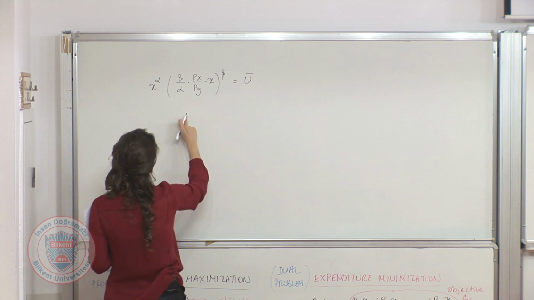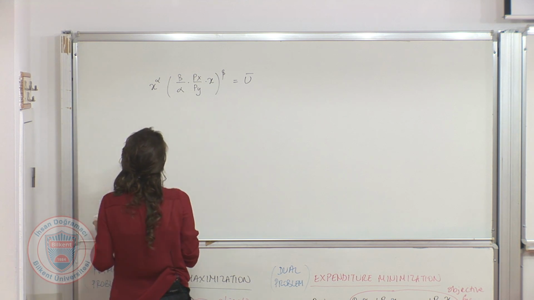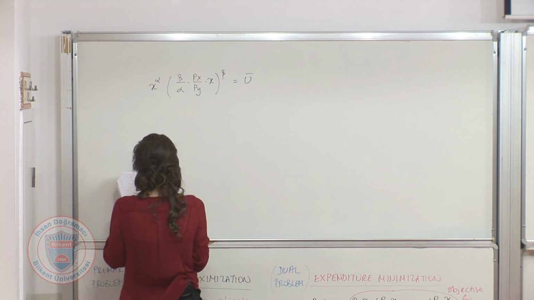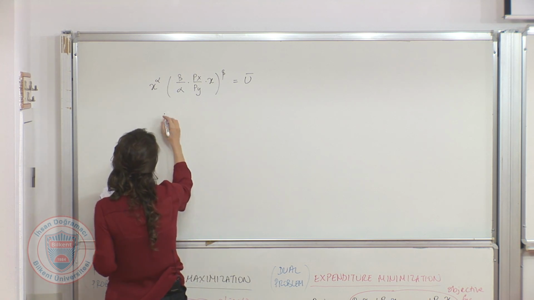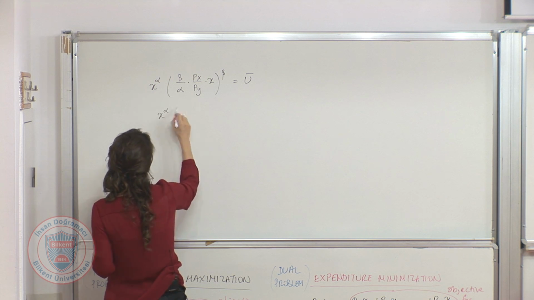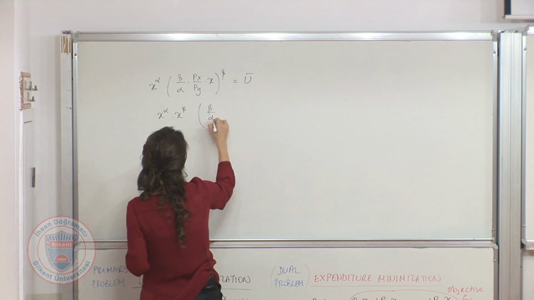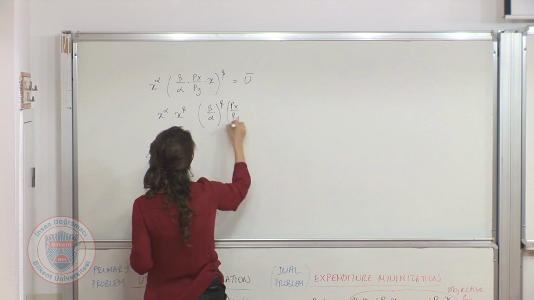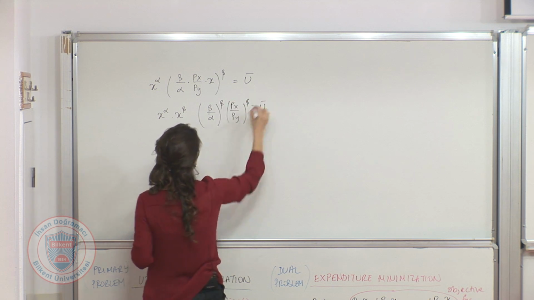So from here, what do I have? I will get my x star. Here it's x to the power alpha, times x to the power beta, times beta over alpha to the power beta, px over py to the power beta, equals u bar.